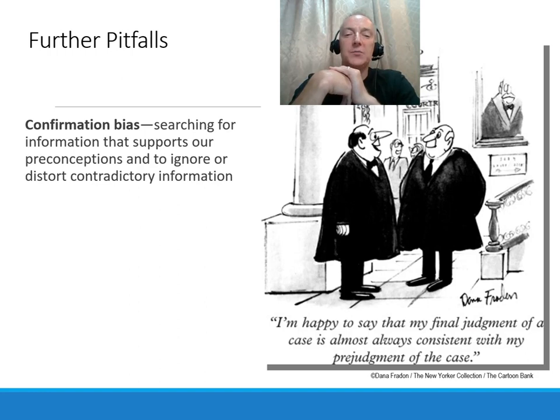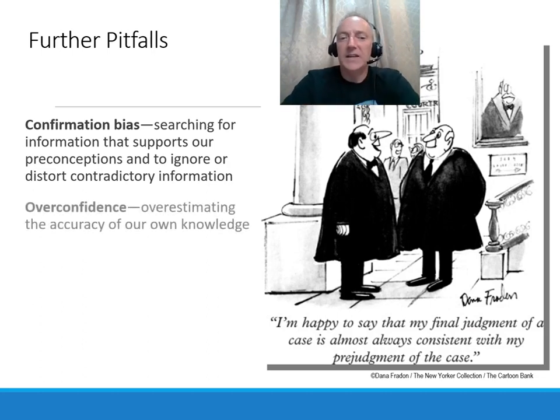Confirmation bias means that once we have that preconception, we tend to look more for and pay attention to things that say, yes, you're on the right track. Yes, you made the right decision. And we tend to ignore information that would suggest to us that we're wrong.